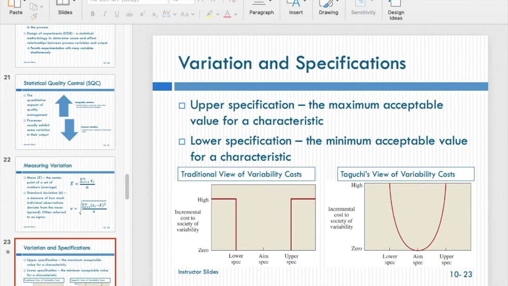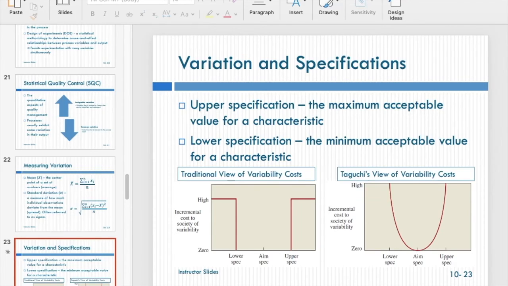But that's not the main point of this chapter. Using the Taguchi view also has its problems. In the traditional view, a lot of firms still use it because, although it's sometimes not that intuitive, it's very straightforward. We view every unit within this range as acceptable with no difference, and it gives you a hard specification limit.